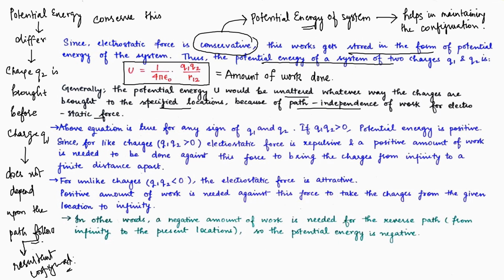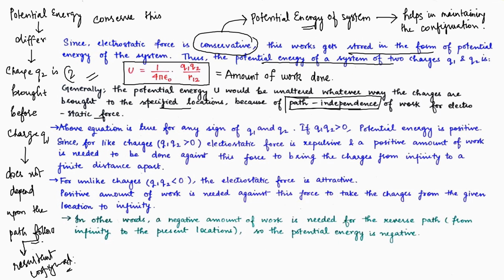So this particular statement, the no change in the energy of these two systems, gives us the proof, the validation of the fact that potential energy and the work done are path independent. This proves it.